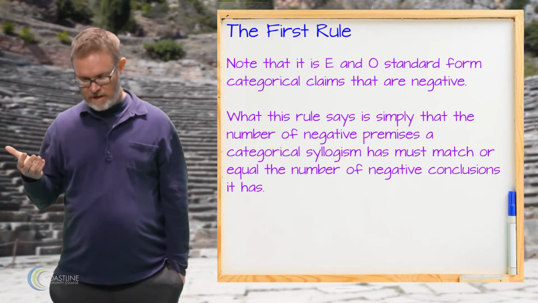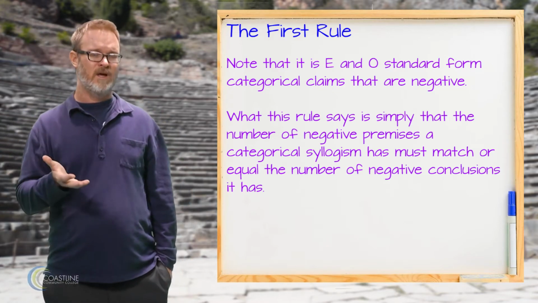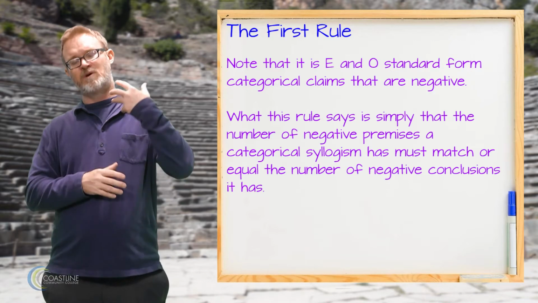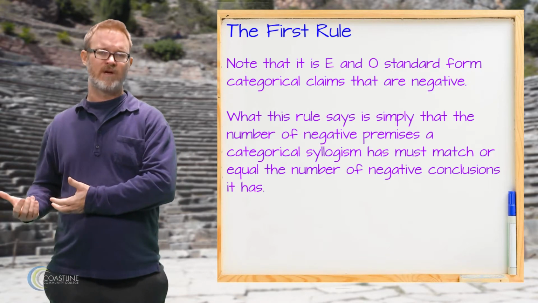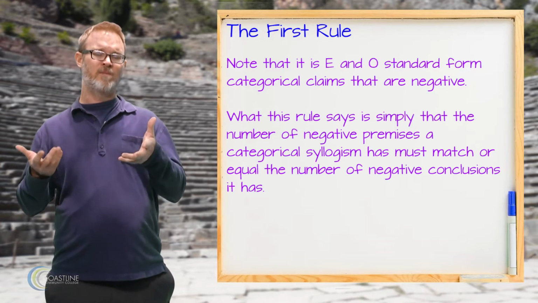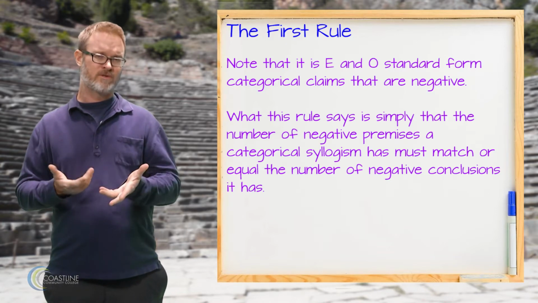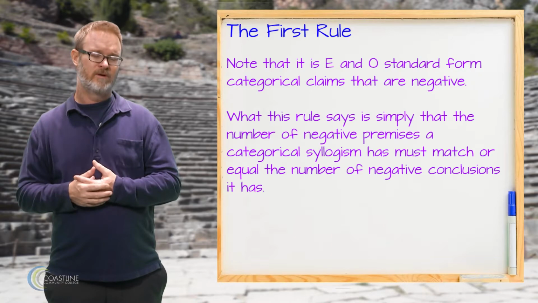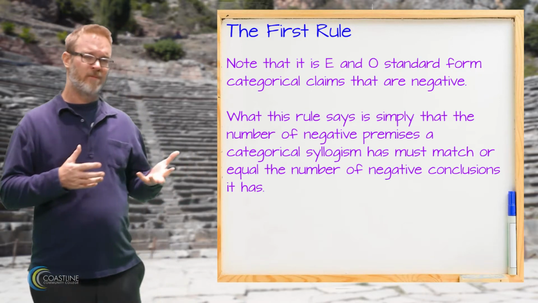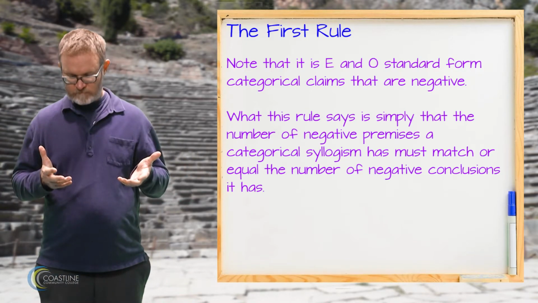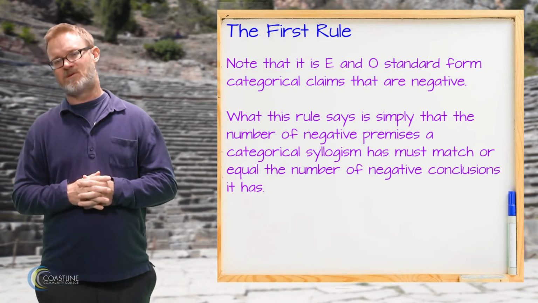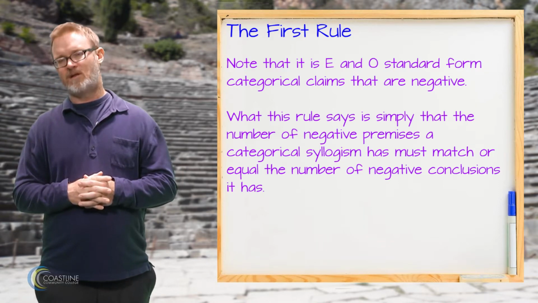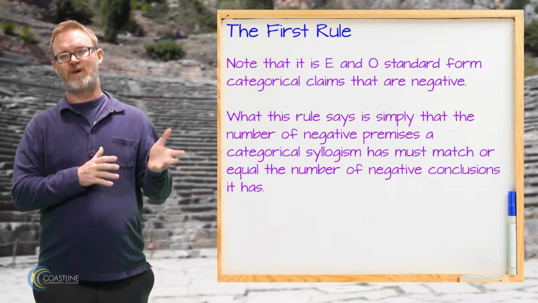And so the idea is if an argument has those in it, they have to equal. The number of premises that are negative have to equal the number of conclusions that are negative. Now, of course, in a categorical syllogism, there's only one conclusion. So this means a couple things. First, if a categorical syllogism has two negative premises, it's automatically invalid because this rule's failed.